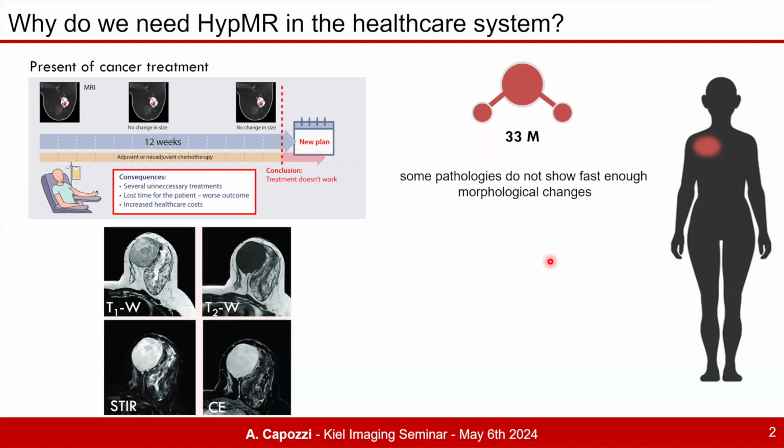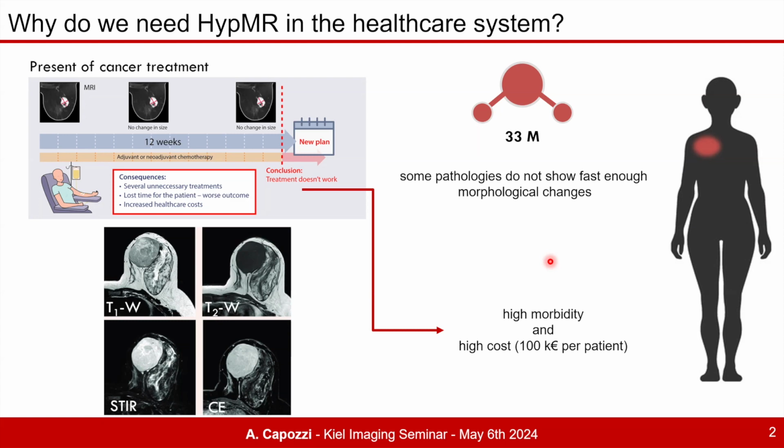So you look for a shrinking in the size of the tumor. And this takes a lot of time, it's 12 weeks. And during these 12 weeks, the life of the patient is miserable, and this treatment costs a lot of money.